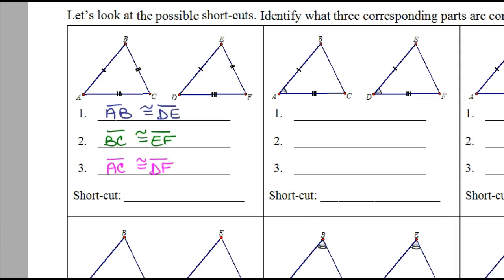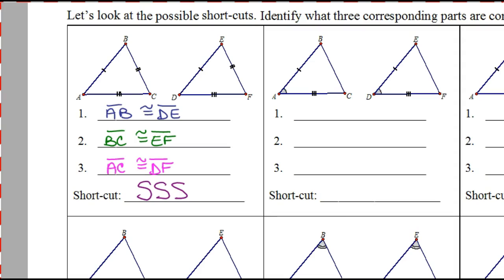So the first combination of corresponding parts are the sides, if all three sides are congruent. We abbreviate that with side, side, side, and we abbreviate even further by writing 3 S's for side, side, side. But when you say it out loud, you say side, side, side.